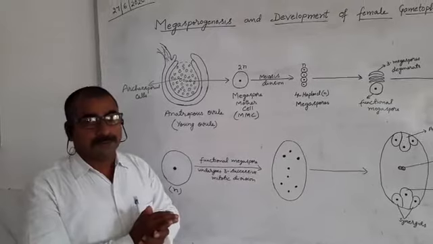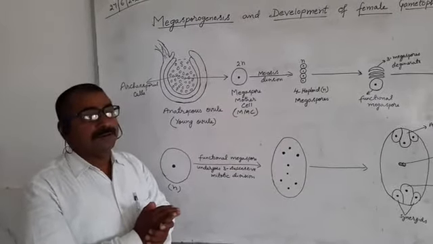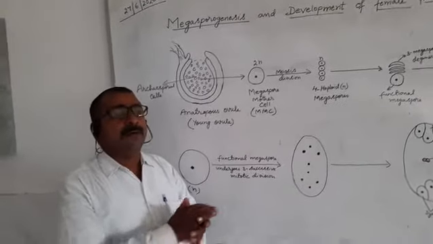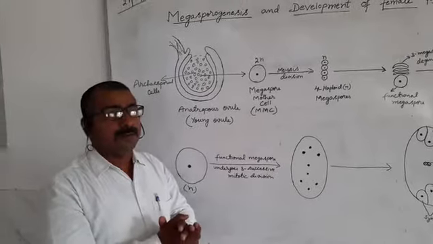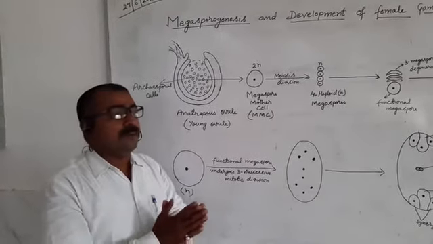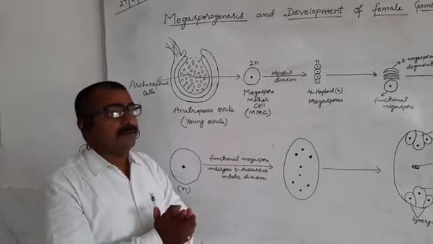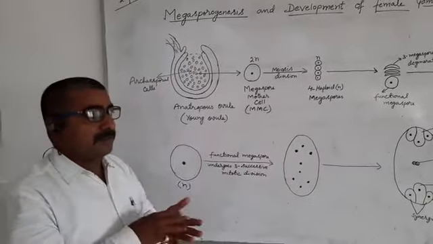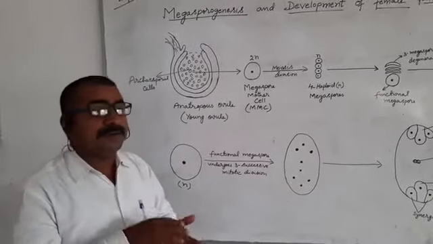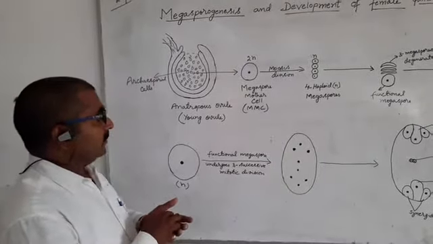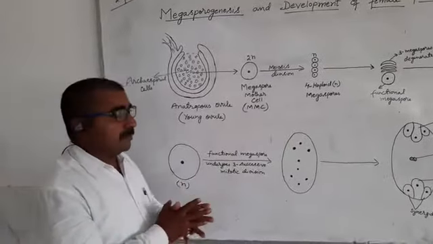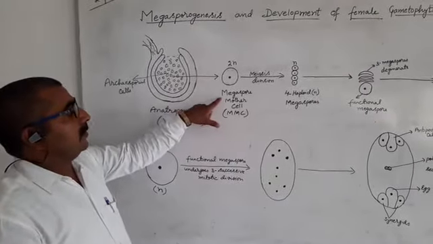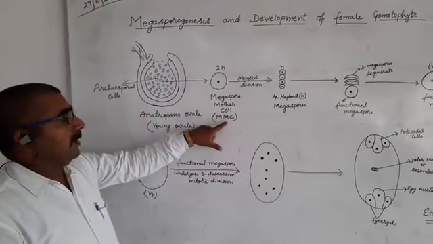Of these two concentric rings of cells, the outer one is called parietal and the inner one is called sporogenous. The outer parietal layer forms the outer protective covering of the female gametophyte, that is the embryo sac, whereas the inner sporogenous cells modify themselves into another cell called the megaspore mother cell or MMC.